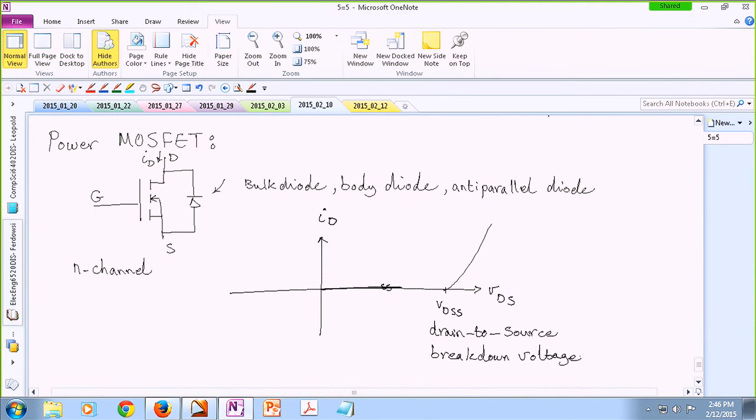Now, what if you apply some voltage from gate to source and you manage to turn the device on? It actually behaves like this. Something like this. All right? So technically, you are using your device in this region.